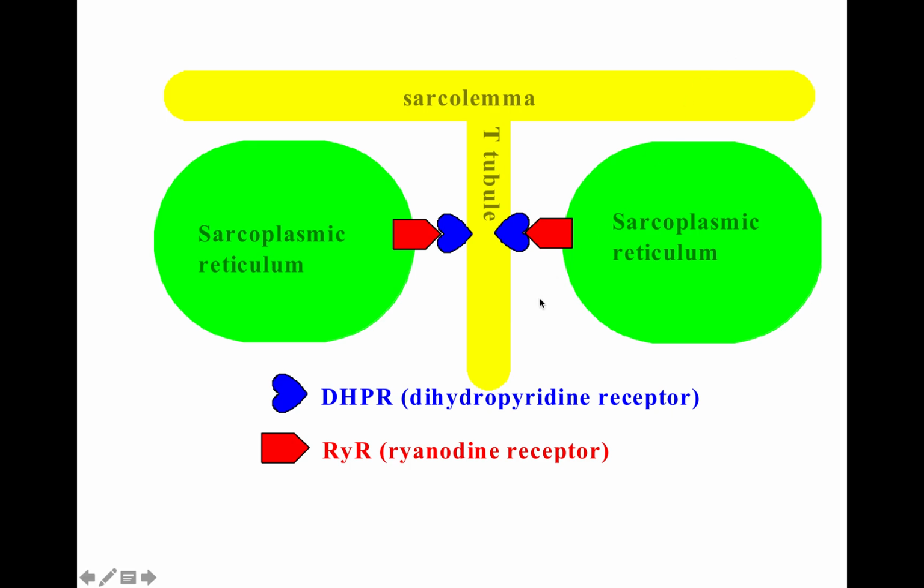In heart tissue, in you and I, and in most vertebrates, these two aren't physically connected. So dihydropyridine and ryanodine receptors aren't physically connected in heart tissue.